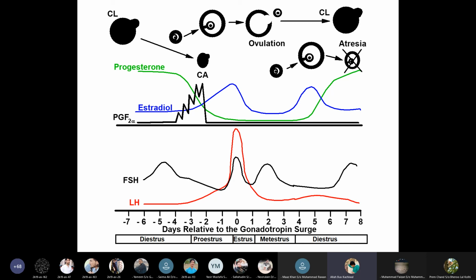The follicle stimulating hormone is also increased, and when the luteinizing hormone ruptures the follicle and causes the ovulation, then the estrus stops, and the metaestrus starts, and this allows the mating.